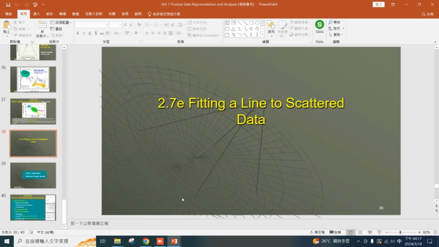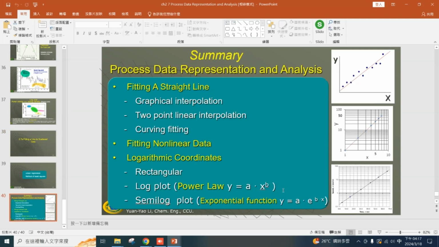So let's have a quick review, recall what we learned last week. Last week, this is important. In order to analyze data, the easy way is to make the data become a straight line, right?